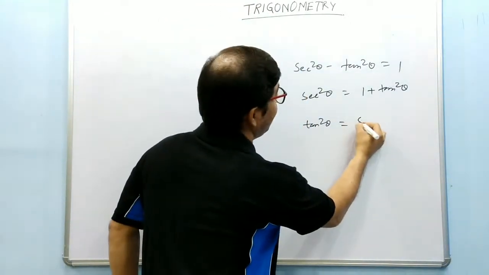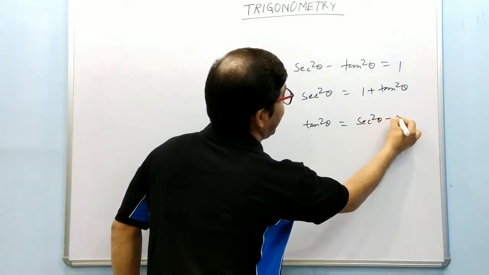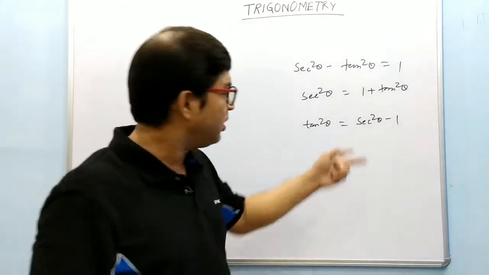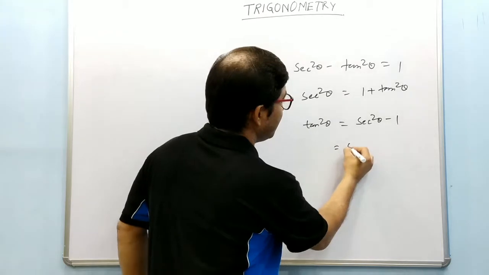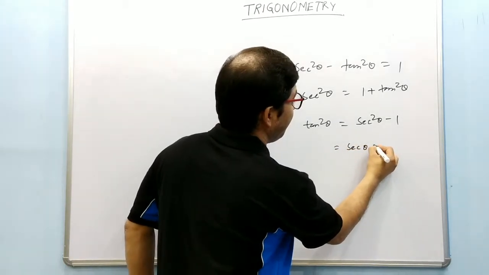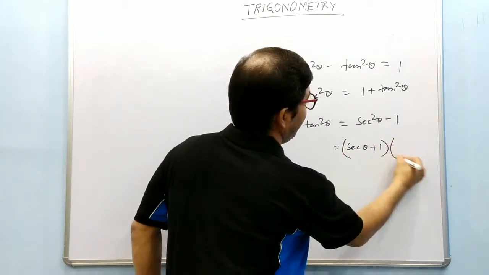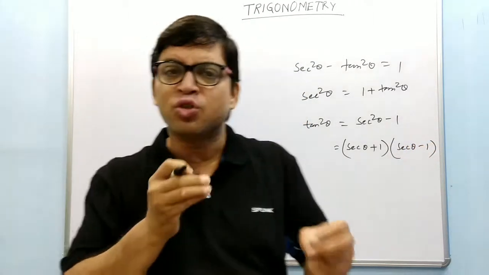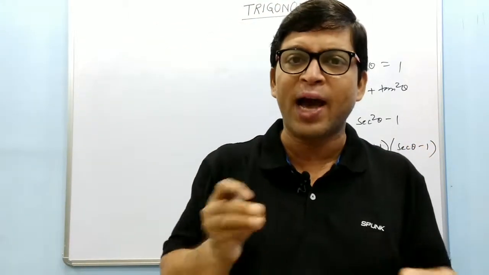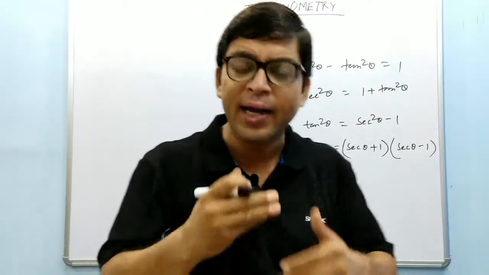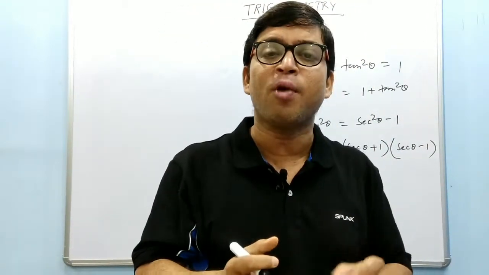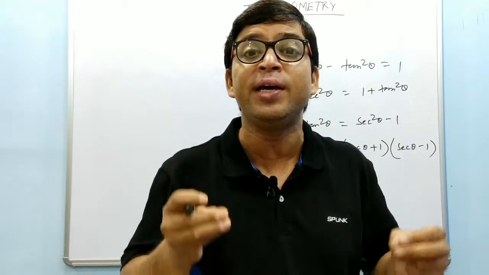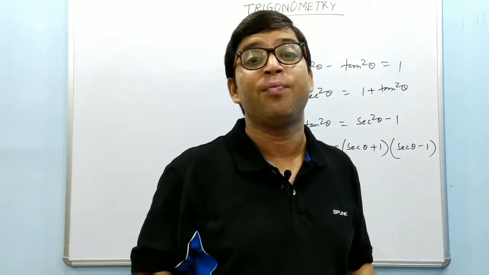So it comes out to be sec square theta minus 1. Further, this can be written as sec theta plus 1 into sec theta minus 1. So in so many ways you can use this simple identity to make your problems very easy and simple.